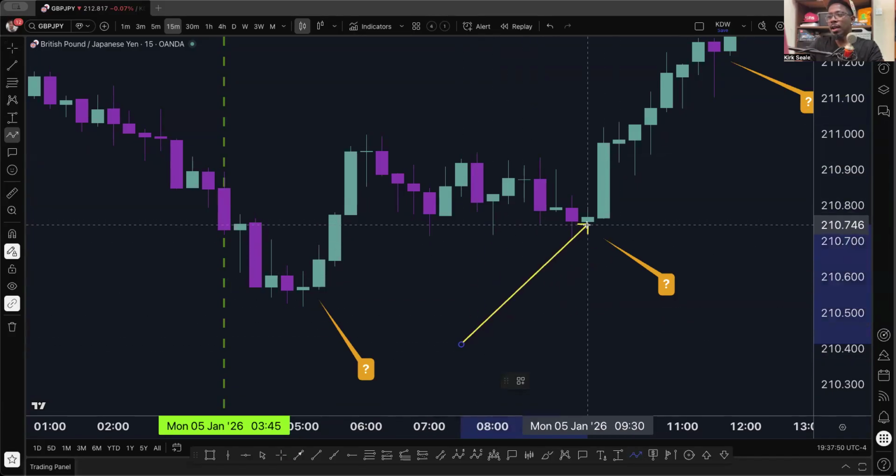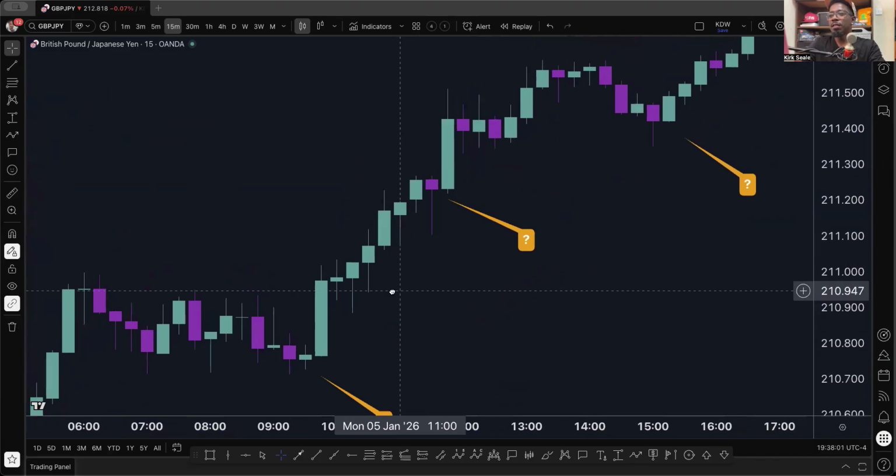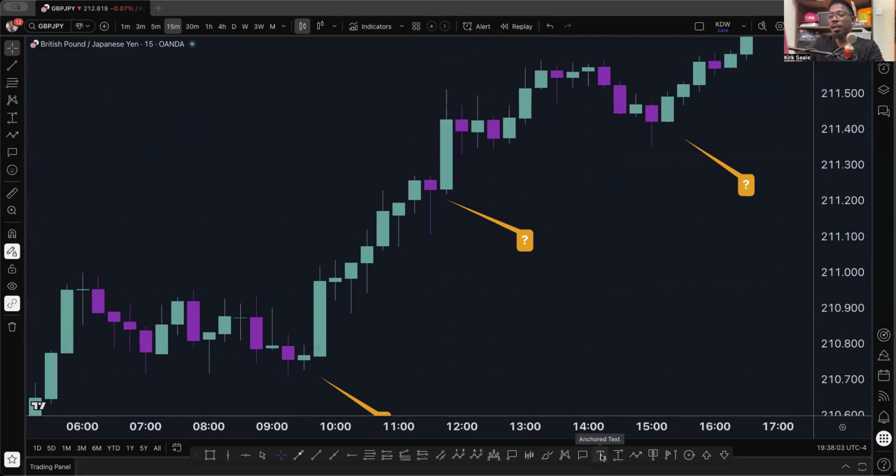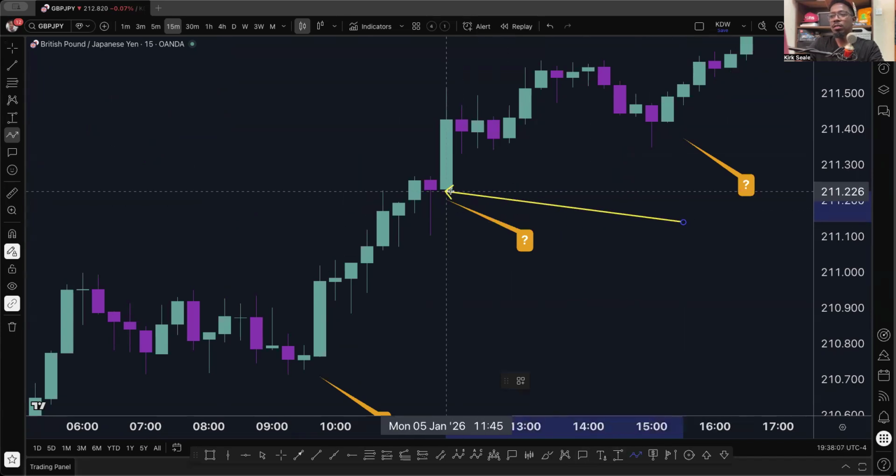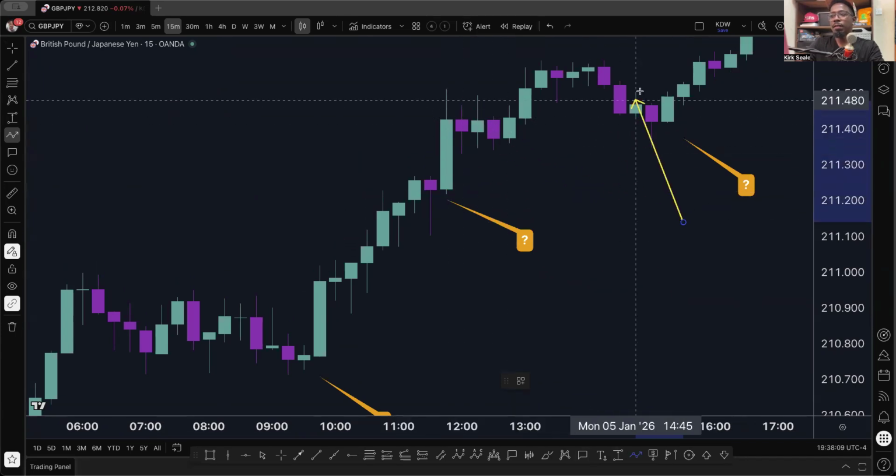All right. Here we have that example once again. This one is small. This one is significantly bigger. It's really showing the intent. Then we have this one right here. All right.